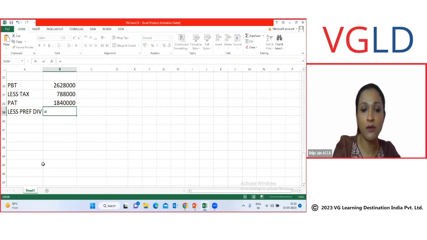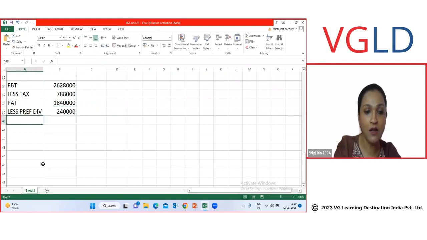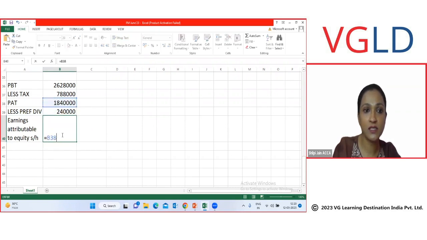So what is this? 4 million, that is 6 zeros, into 6% is the preference dividend that needs to be paid. But what are the earnings attributable to equity shareholders? Let me just wrap it up. It is this minus your preference dividend.